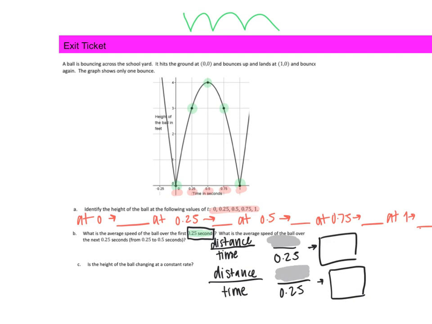The last question, I kind of just gave it away, is: is the height of the ball changing at a constant rate? We need to answer this question as well. So all in all, 8 parts for you to answer for this exit ticket. When you're done, please complete your reflection in Google Classroom and work on any missing work.